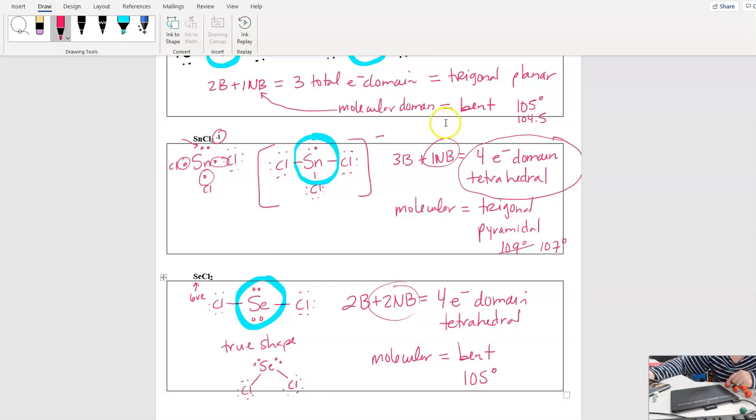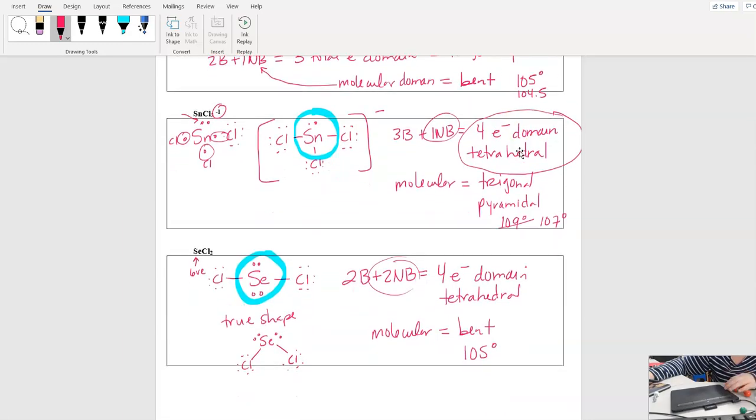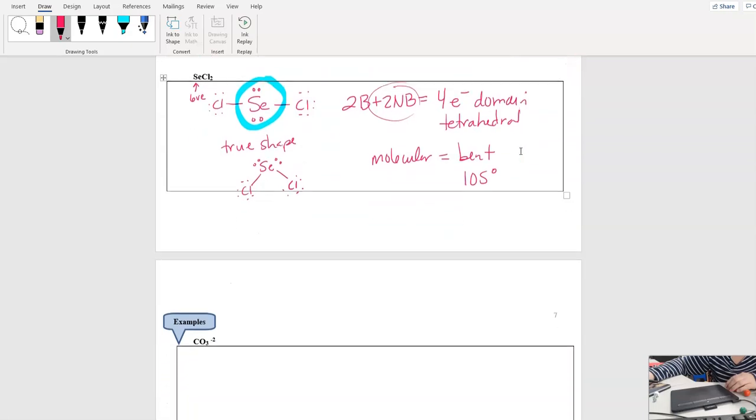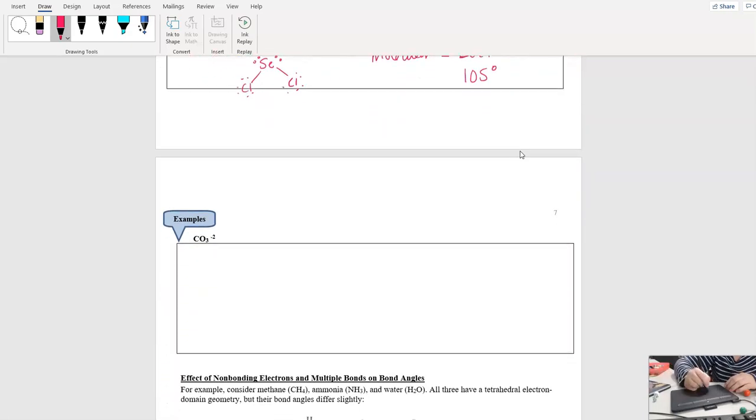Okay? So just practicing. We don't have to practice the drawing. We've already done that in chapter 8. We just got to practice the shapes and the names. Okay? What if you have CO3? Well, real quick without the NAS, you would get this. And would you have resonance structure? Absolutely.